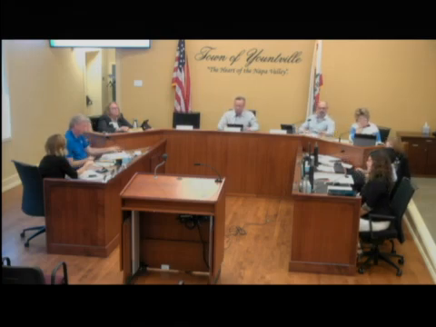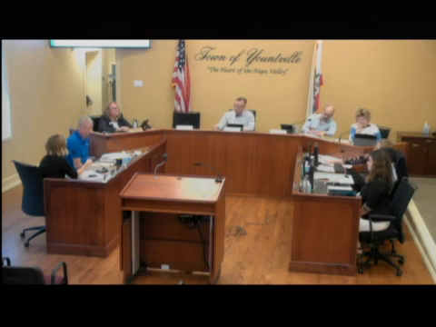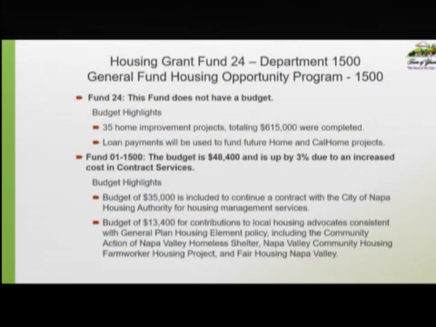Prior to the expiration of those grants, we awarded 35 home improvement projects totaling $615,000. Those loans are long-term deferred loans that are to be paid back in certain circumstances upon a transfer in ownership. So we're not really expecting any payments, although they will occur from time to time, and those will be used to fund future projects.